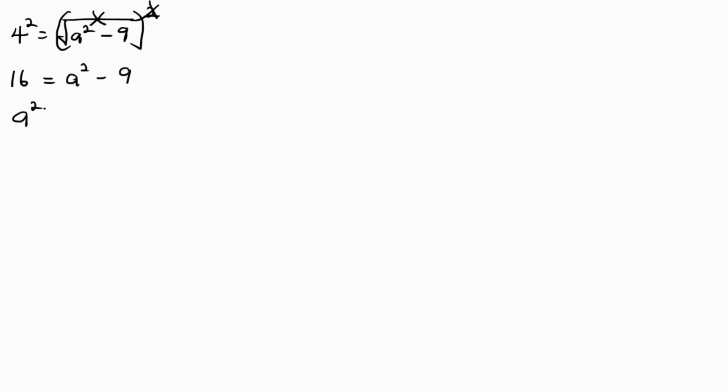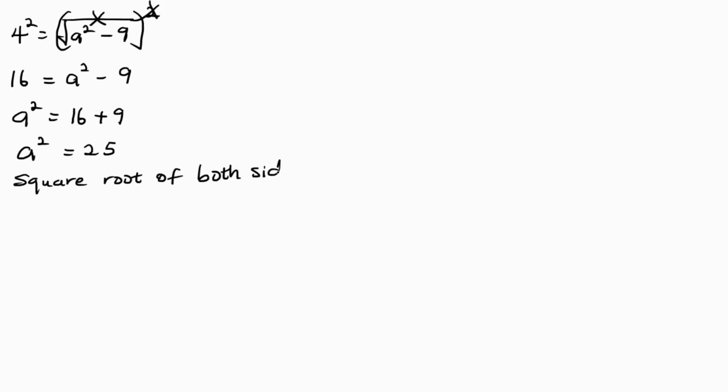And a squared is equal to 16 plus 9, so a squared is equal to 25. So the next thing we want to do is take the square root of both sides. The square root of a squared is equal to the square root of 25, so we have that a is equal to 5.